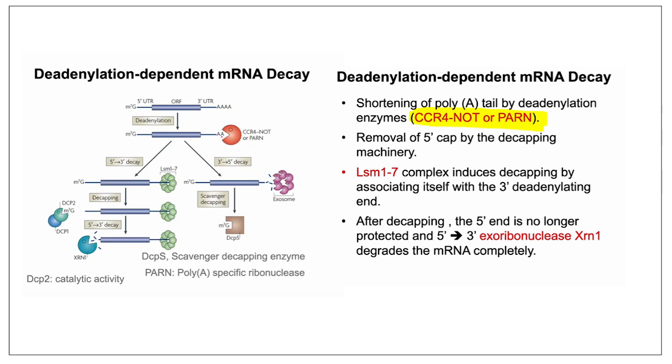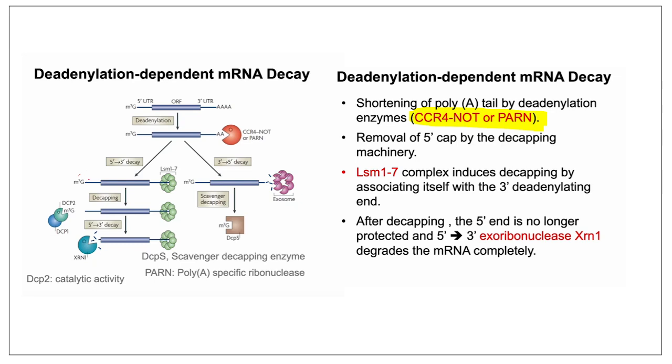Now what happens? With this shortening of the poly A tail, either 5' to 3' decay can occur, or 3' to 5' decay can occur. Anything can be triggered by this enzyme. If 5' to 3' decay has to happen, then this decay will only happen when the 7-methyl guanosine cap is removed.